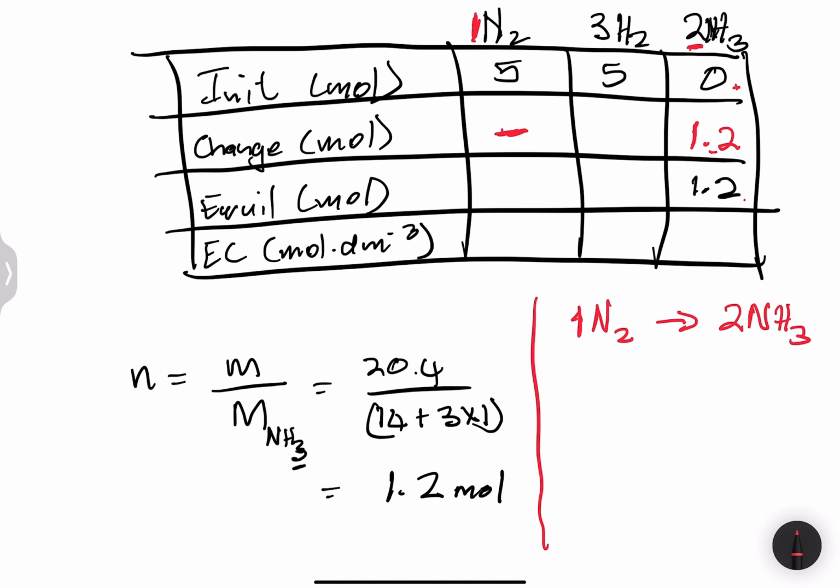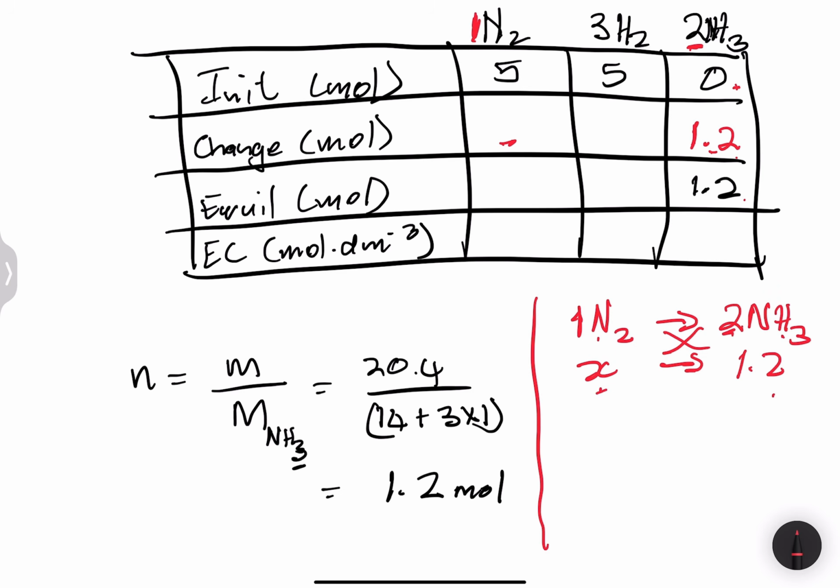So I start with my ratio. For every 1 there's 2. So for how much, which is the one that I want over here, will I have 1.2? Please be careful, the same things must be on the same side. So nitrogen to nitrogen, ammonia to ammonia. In this case, you can just cross multiply.